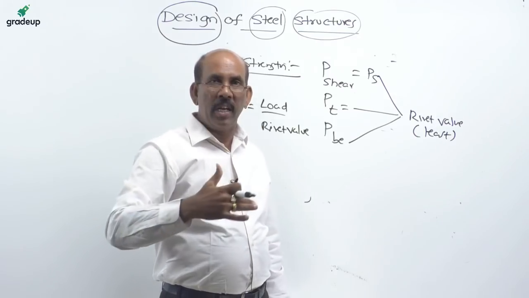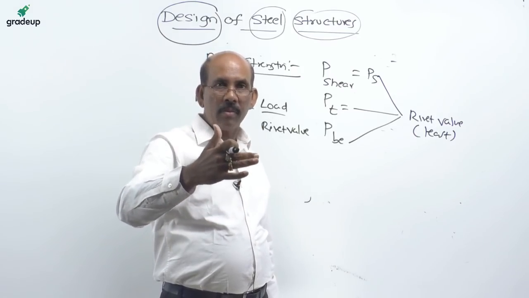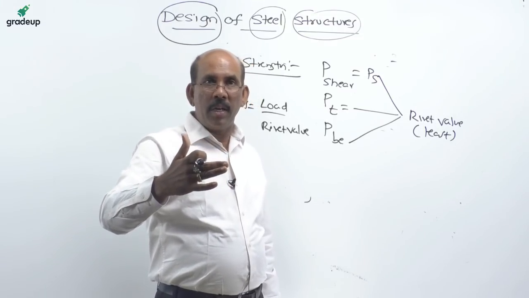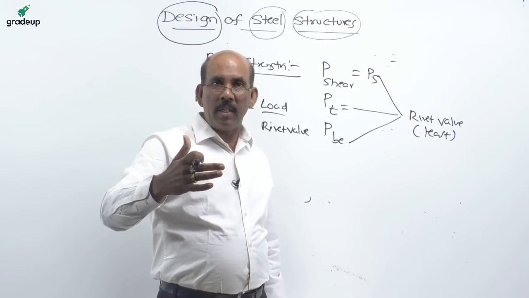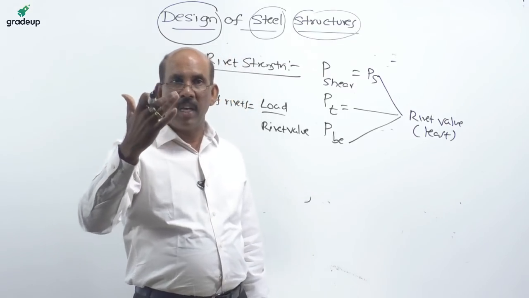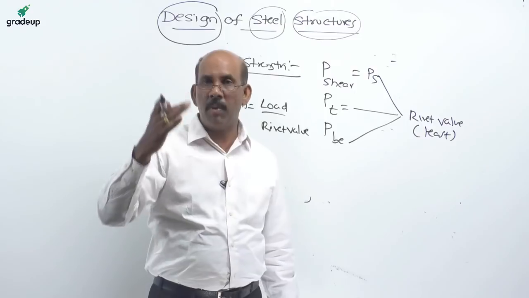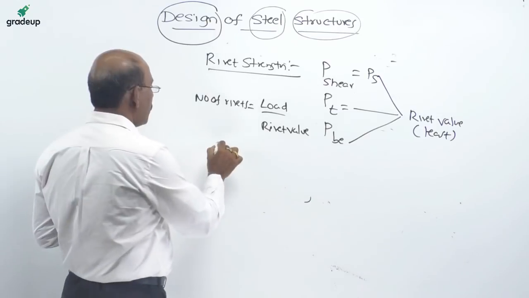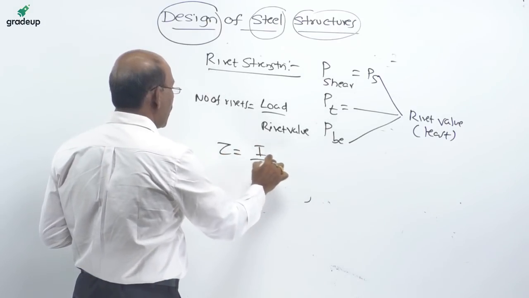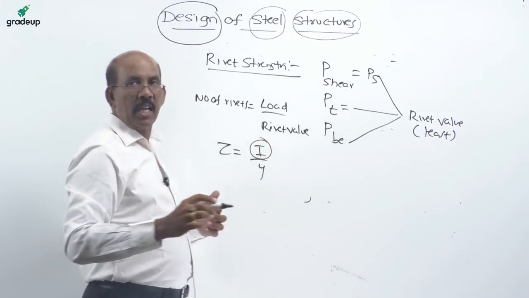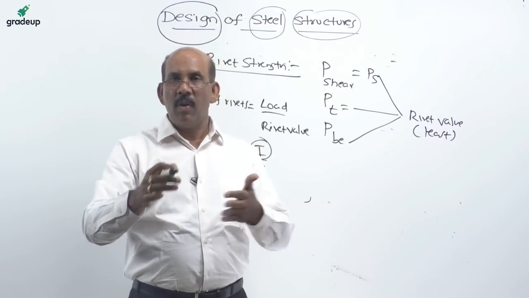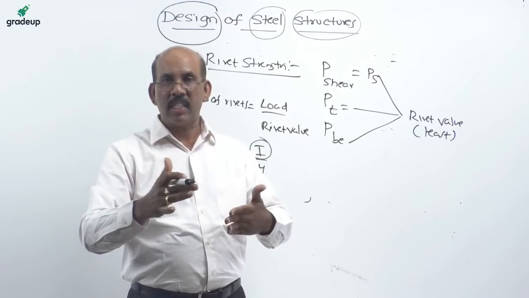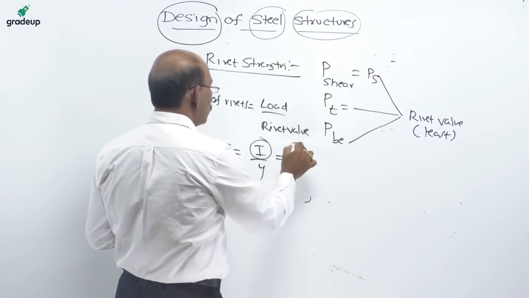So coming to the next one, which shape of section has the maximum Z value? The maximum Z value you can see from this particular one, I by Y. The circular section you can take as one, and next to that the I section.